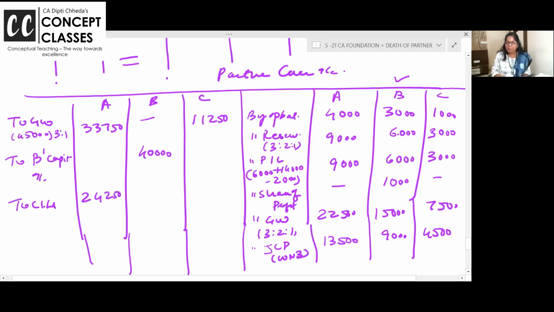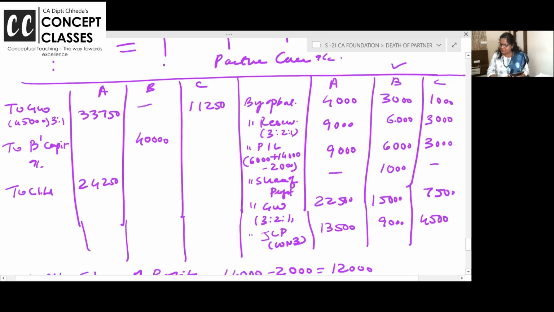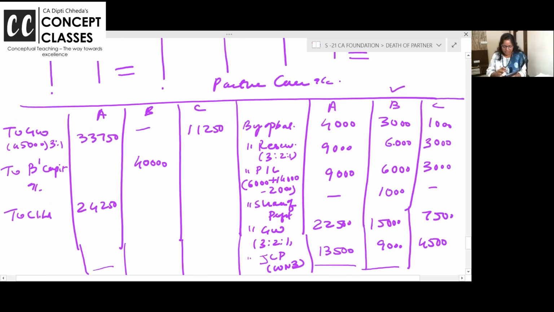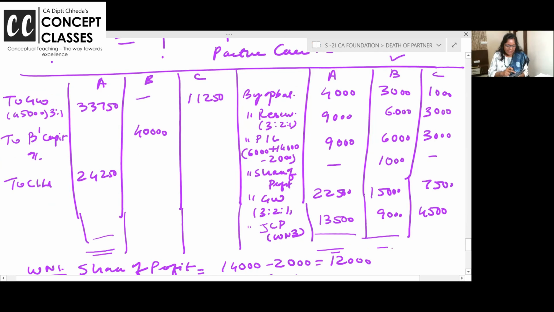For the other two partners also, the closing balance will be carried forward. Totals we will write later. Now C's total: 1,000 plus 3,000 plus 3,000 plus 7,500 plus 4,500 minus 11,250 is 7,750.